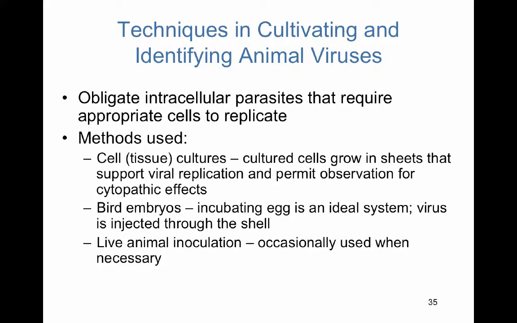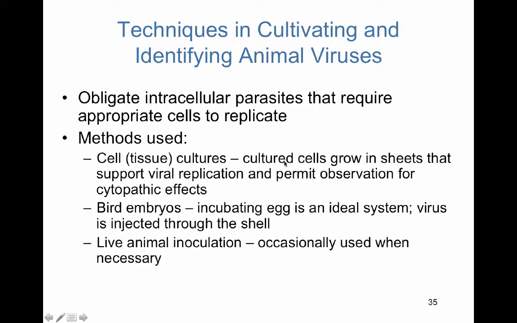How do we grow viruses in the lab? This is very different than growing, let's say, a bacterium or even algae or protozoa in the lab. In order to grow a virus, remember, it is an obligate intracellular parasite. You need a host cell. So I would like you guys to remember that you either need a cell line, okay?